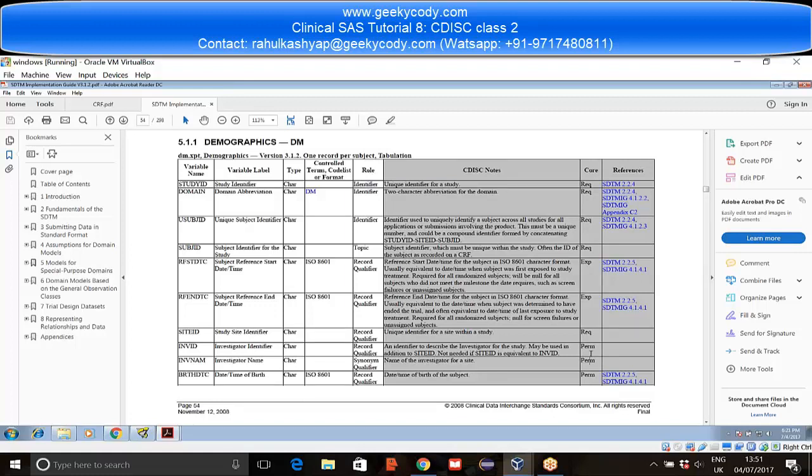From here, always try to remember only the required and expected variables. If you can remember extra, then remember the permissible ones, or else just try to remember all the required and expected, at least 10 to 15 from each domain.